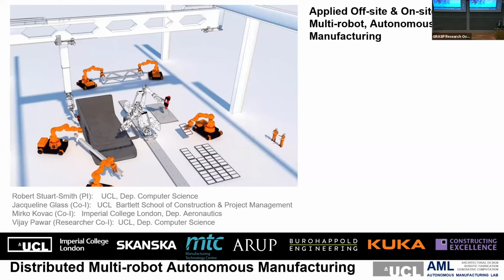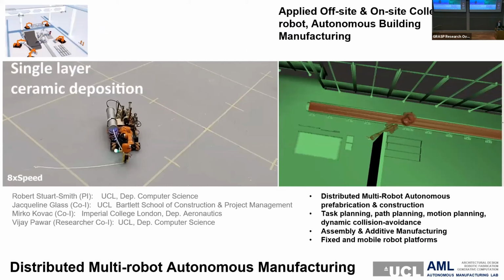A second project is looking at how we can apply the same types of principles to both off-site prefabricated manufacturing and on-site construction with a team of heterogeneous robots, where we use both fixed and mobile systems within one distributed system. It's a semi-autonomous system.